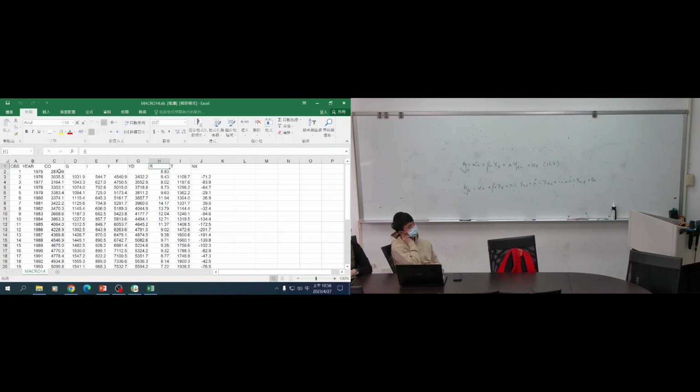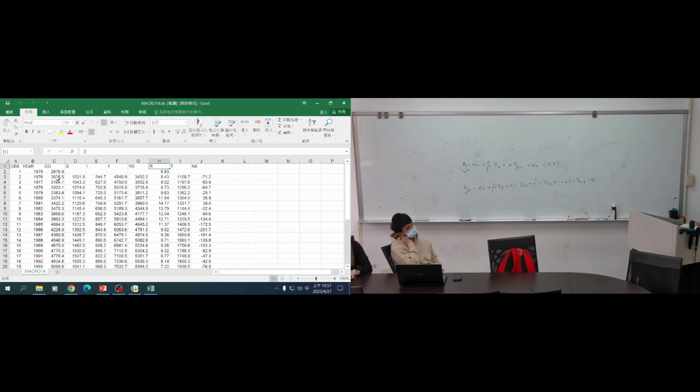The first year only has data for consumption, and the rest of the data starts with the second year. Since we started with 75, actually CO, we do have T minus 1. Do you understand what I'm saying here? Then let's see what the X variables are and what the Y variables are.